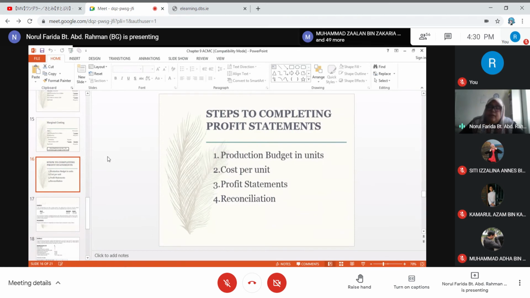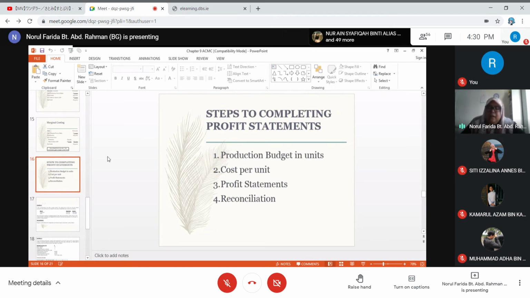Okay, reconciliation hanya dibuat sekiranya you menggunakan both costing system. Maksudnya you buat both absorption and marginal.